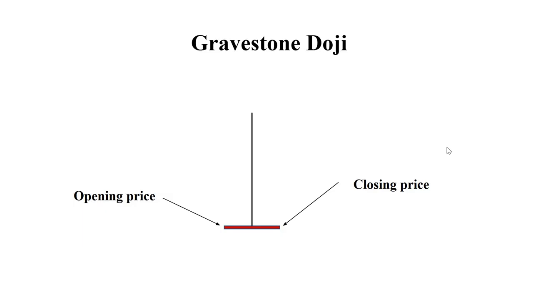In this episode, we are going to look at one other candlestick pattern, the gravestone doji, which is directly opposite to the dragonfly that we considered in episode 4.